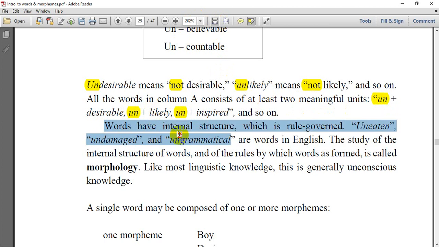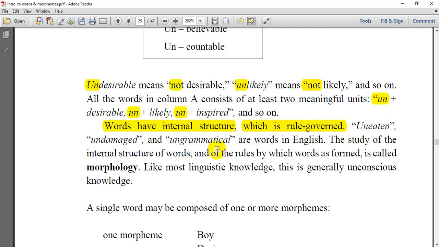Words have internal structure, which is rule governed. For example, uneaten, undamaged, ungrammatical.